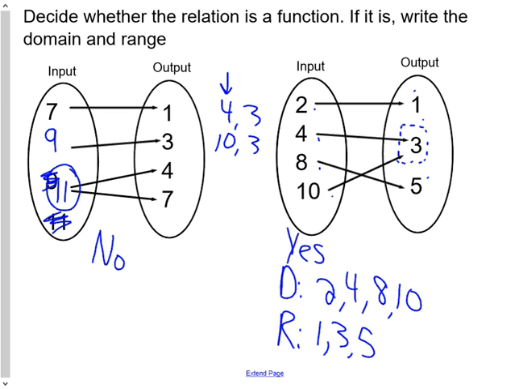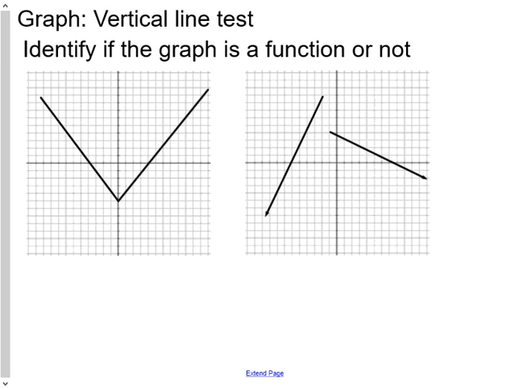So the last one we have left here are the graphs. And the graphs go by a rule of the vertical line test. And again, a vertical line is straight up and down. Now again, based on what we talked about, what would break this test? Right, so I'm going to put an example in here where what if we had the point 2, 2 and 2, 5?